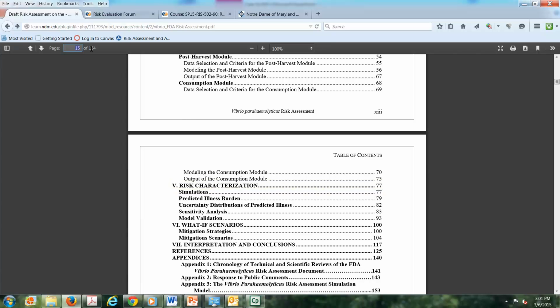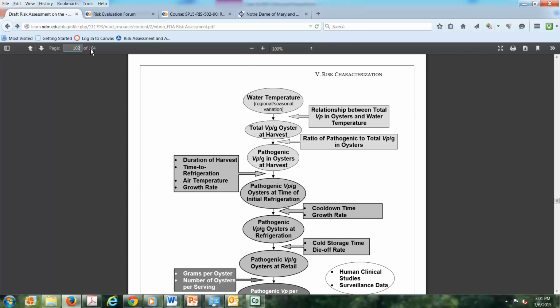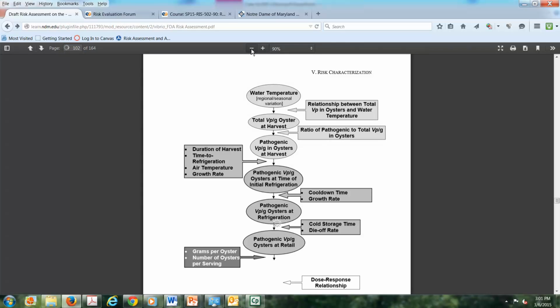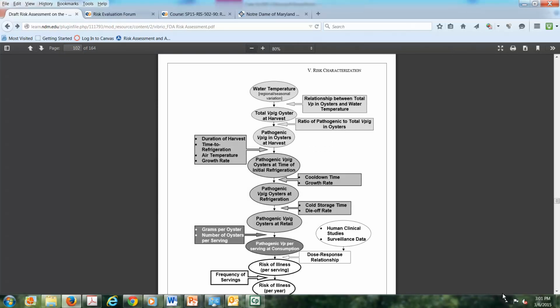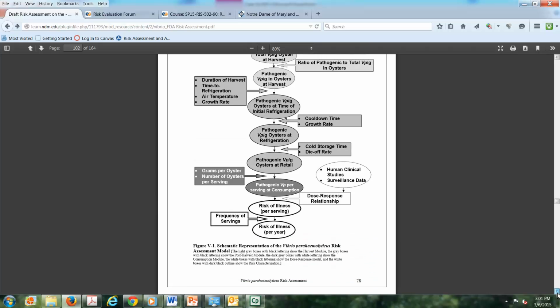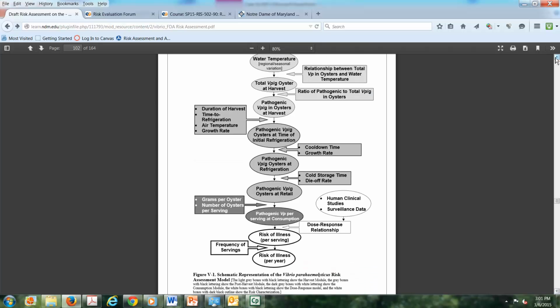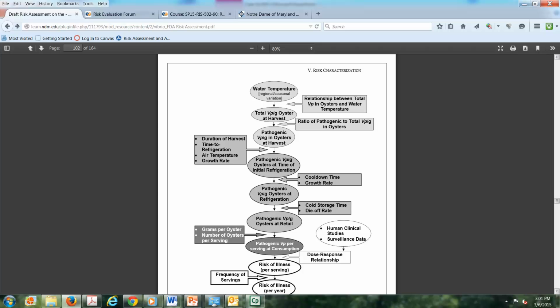So let's take a look now momentarily at the model overall. Let me shrink this down a little bit for you so we can get it all on one page. Here is a layout of the calculation model. So this gives us a little opportunity to talk about how we use the word risk assessment model.